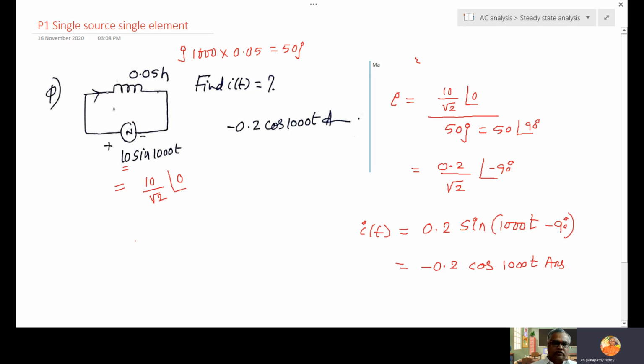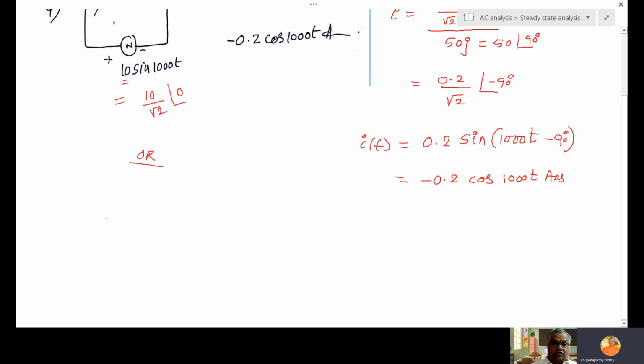We can also solve this problem using another way. The current formula is i of t is equal to 1 by L, L is 0.05, then the integral of the input, 10 sin 1000t dt.